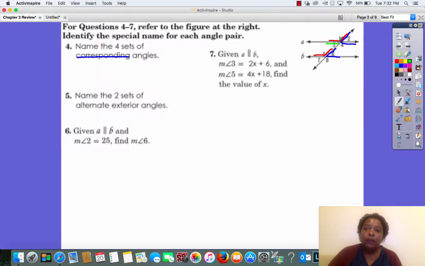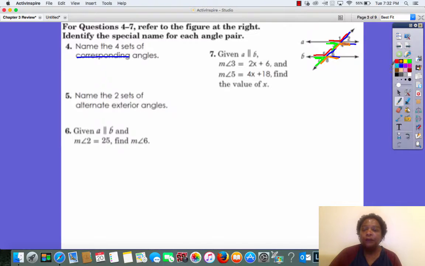Angle 3, while I'm here, I want to travel down that transversal. It's going to go in the same direction. So angle 3 and angle 7. And my last one, angle 4, the matching one, angle 8.